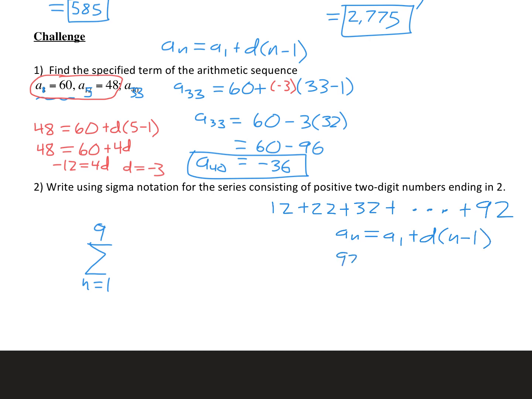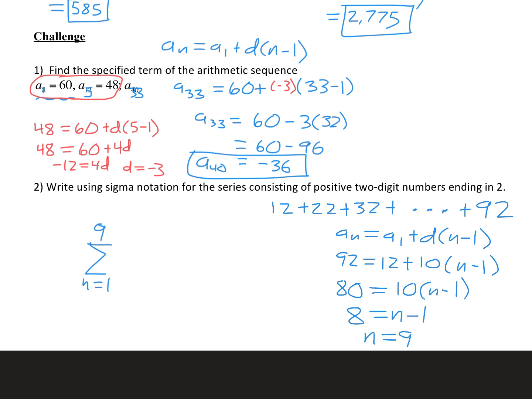So 92 equals 12 plus, right, common difference is 10 because the numbers are going up by 10, times n minus 1. So we have 80 equals 10 times n minus 1. 8 equals n minus 1. So n is 9. Right, so there's 9 items.